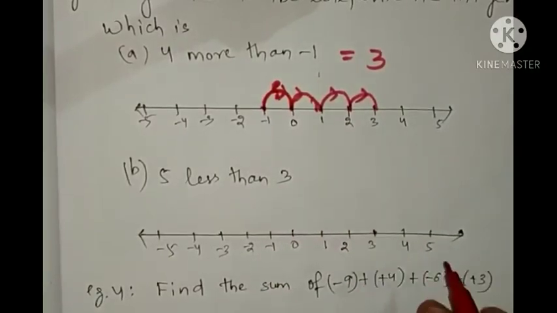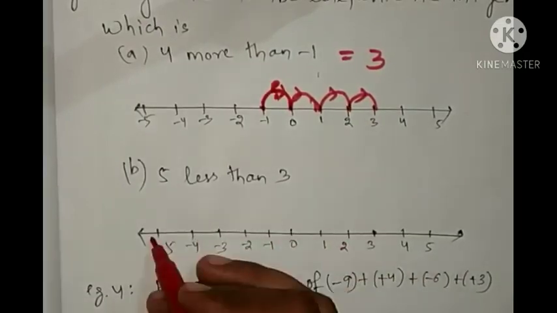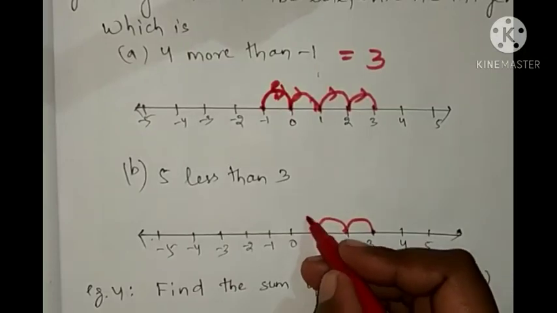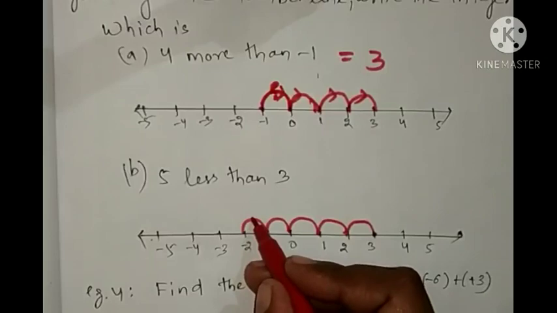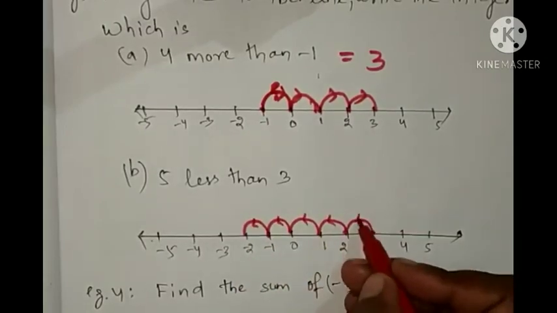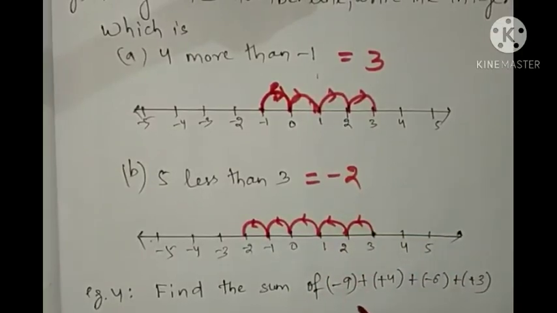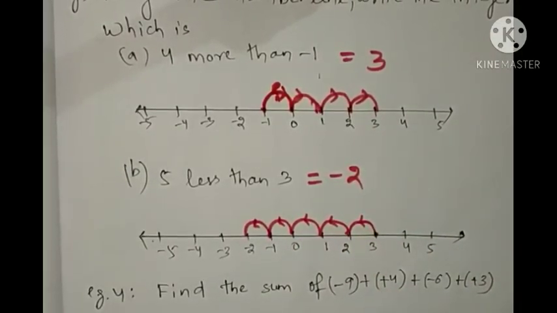From 3, 5 less. Less means you will move towards the left. So 1, 2, 3, 4, 5. What did you get? The answer is 5 less than 3 equals minus 2. So this is about the example.